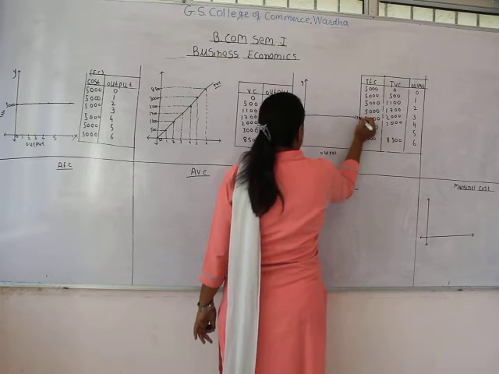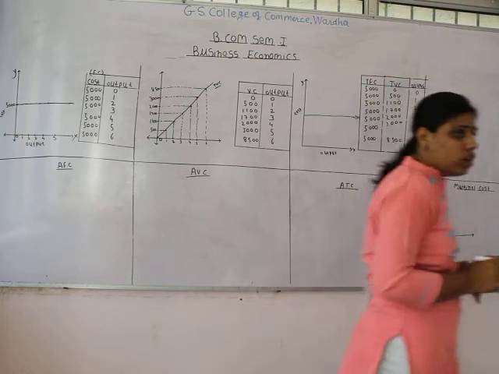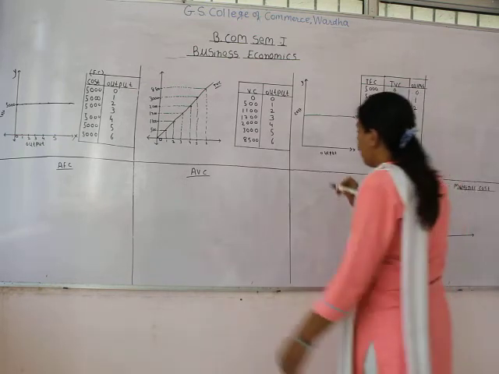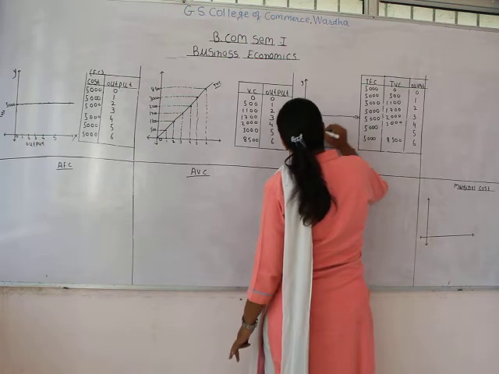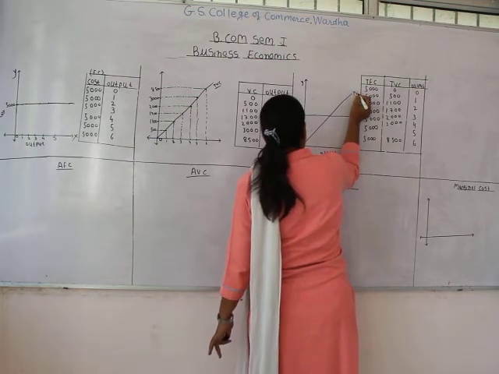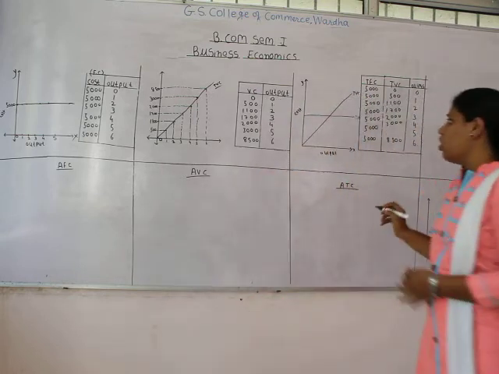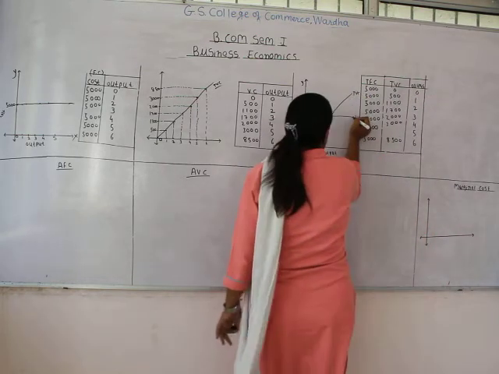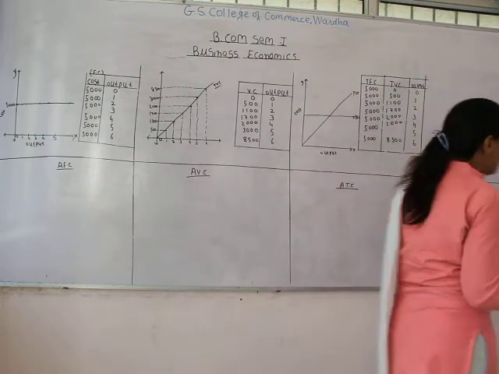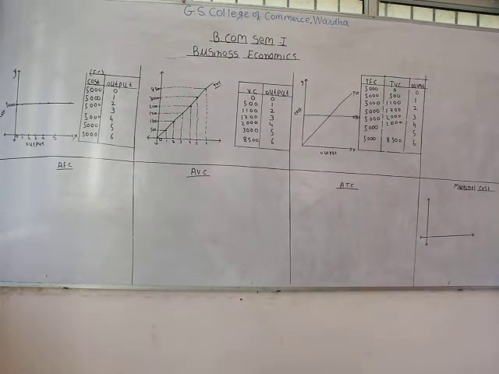And in case of variable cost, we get an upward sloping curve. Total cost is the summation of total variable cost and total fixed cost. So now, how would this total cost curve be plotted?